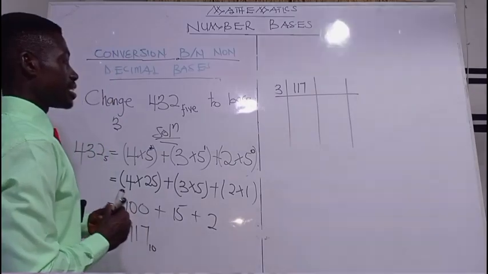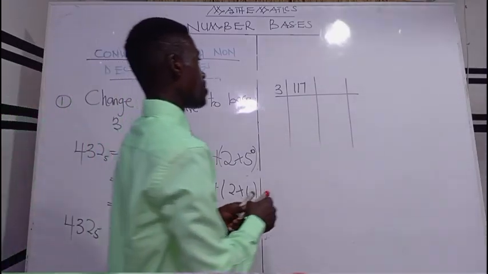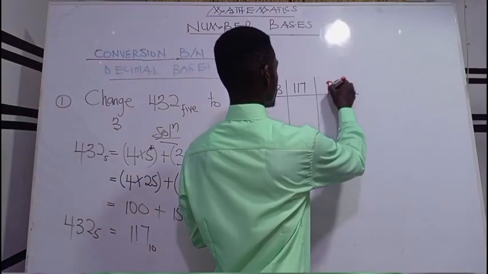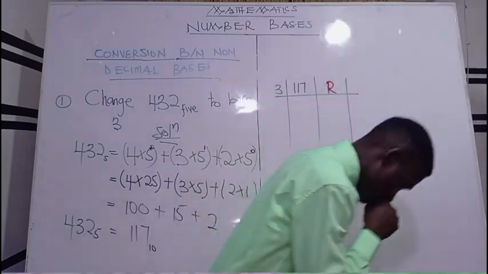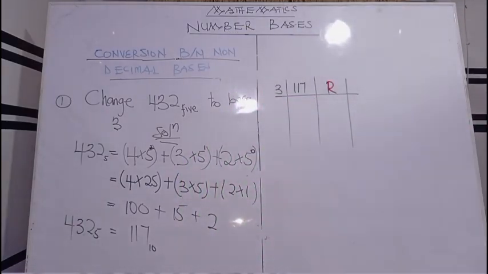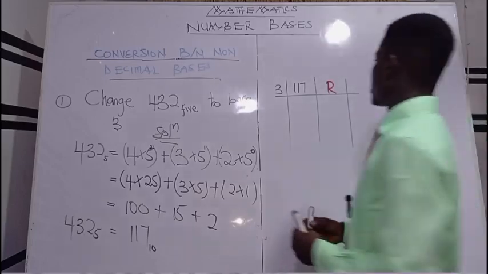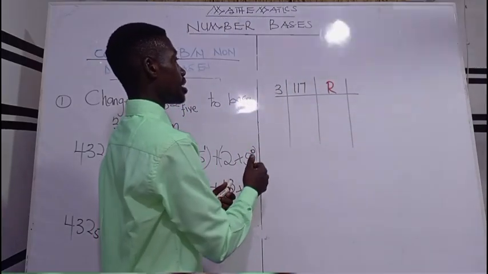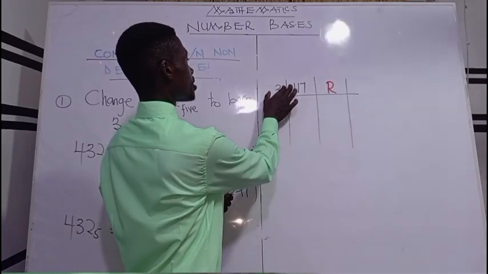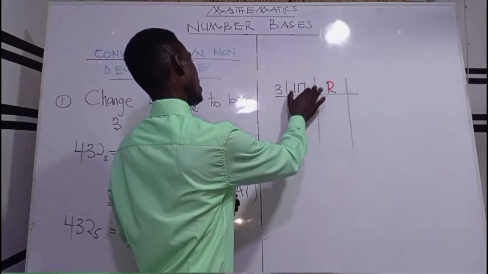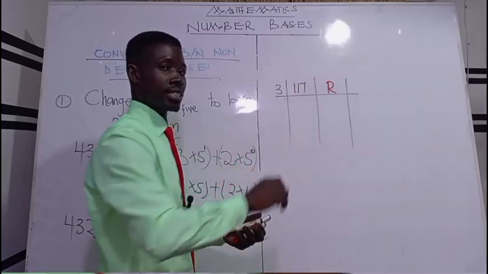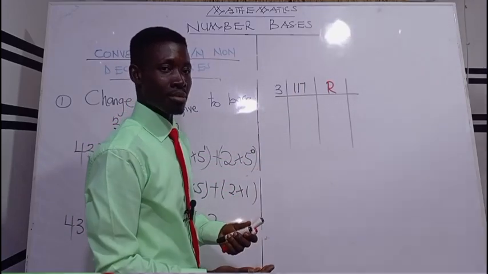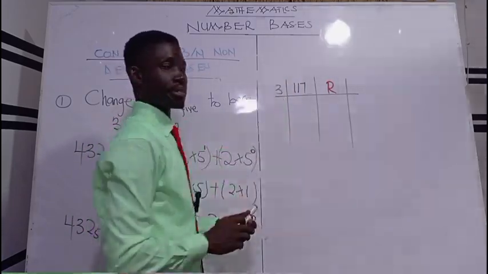And then the last column is going to take the remainder. So the next thing that we are going to do is use this 3 to divide 117 successively until the last number is less than 3.